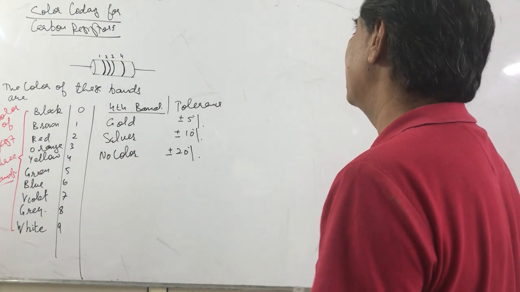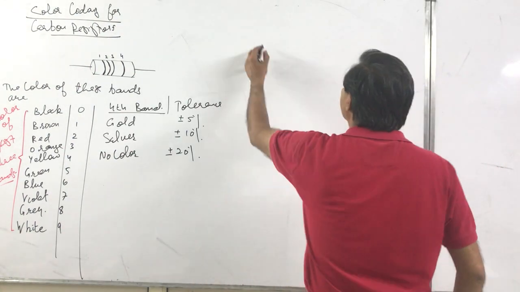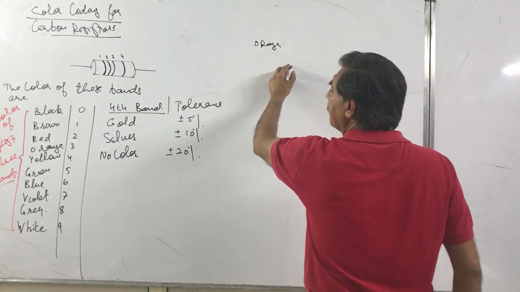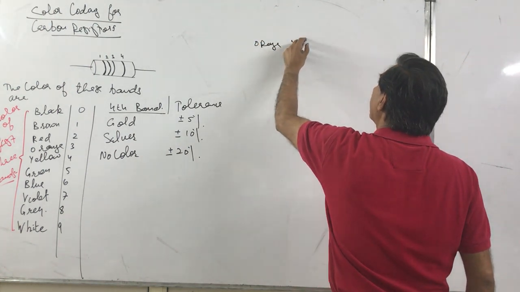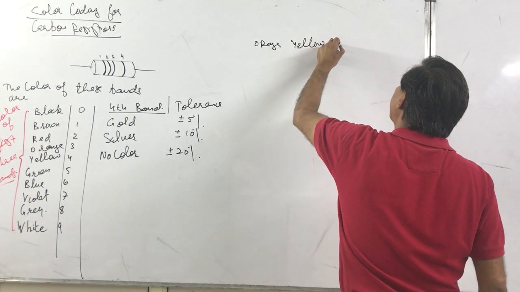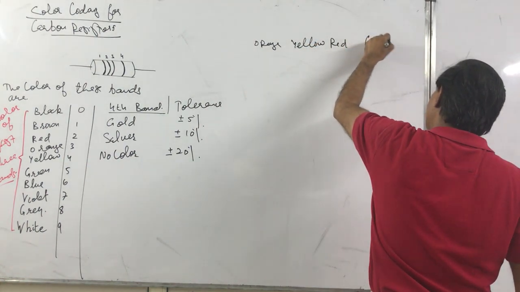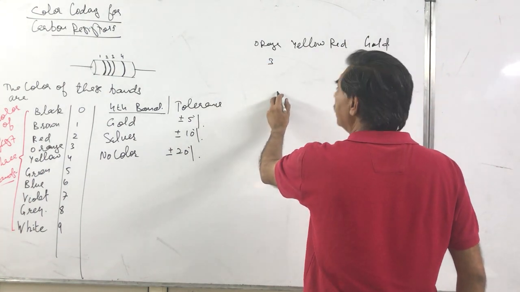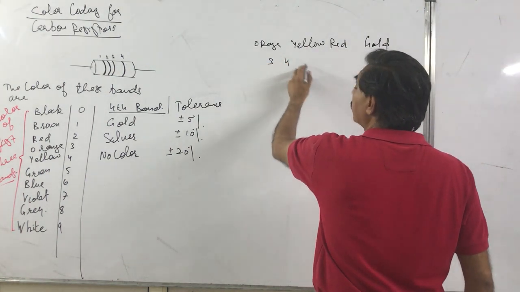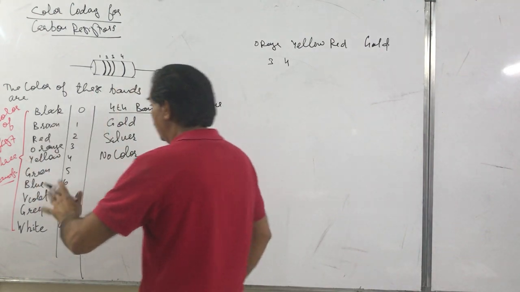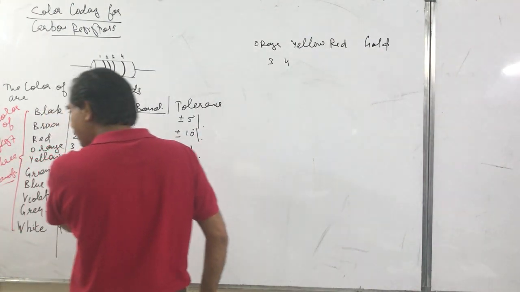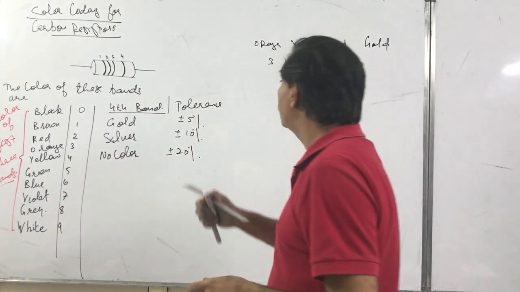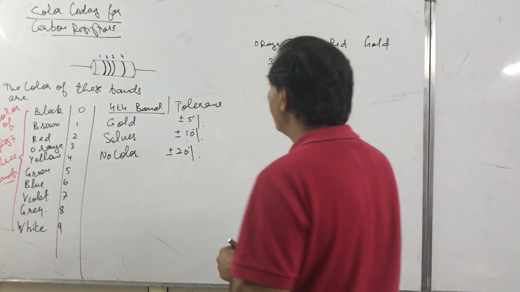Example से करते हैं. कोई भी रंग बोल सकते हो. Like suppose करो पहला बैंड ऑरेंज है, फिर वो येलो है, फिर रेड है और फिर गोल्ड. Resistance डिसाइड करना है आपने. Orange means 3. Yellow means 4. Red means, अच्छा, sorry, एक और बात. This is the color of 3 bands, the first 2 bands, band 1 and 2.